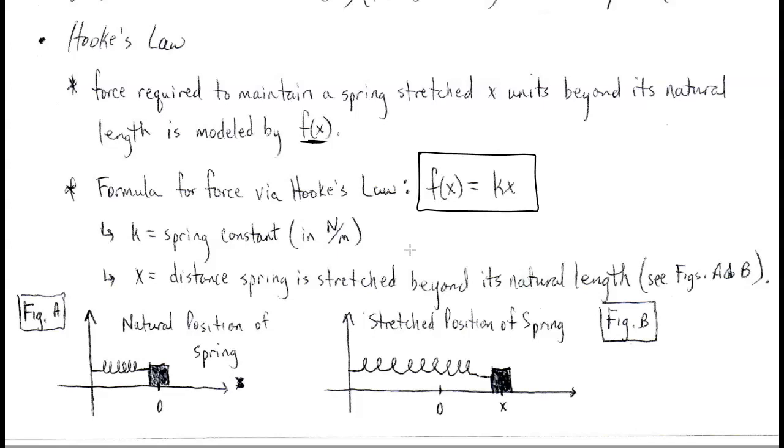Note that if we were to go in the opposite direction, negative x units, the value for x that we would use would still be non-negative, because we are referring to this as a distance, and distance is non-negative. So even if we were compressing the spring, the same amount of force would be exerted as if we were stretching the spring. It's just that the direction of the force will be opposite.